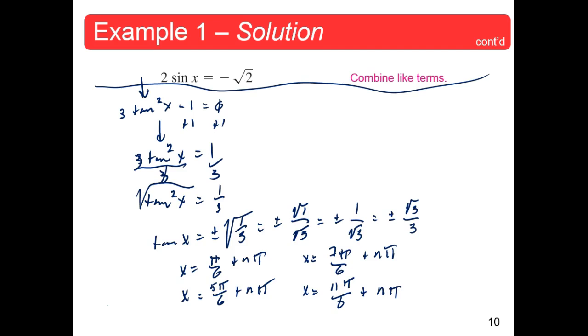Okay. Let's see how the book did. Oh, wait a minute. Now, what's the difference between this one and that one? Notice this is a difference of 4 pi over 6. This is a difference of 10 pi over 6. I think that's something out. Am I missing something here?